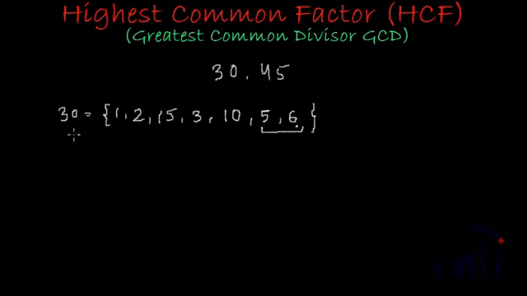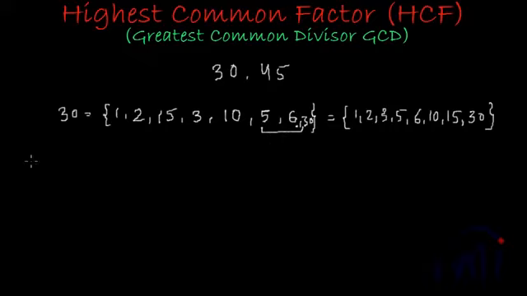All the possible factors of 30, if I write in increasing order, are 1, 2, 3, 5, 6, 10, 15, and yes, the number itself is also a factor of the number. So 30 will also come over here, right? This is the set of all the numbers which can divide 30.